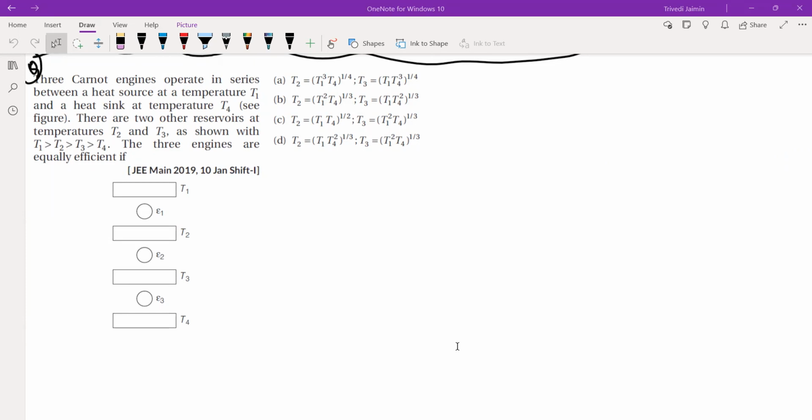Engines are equally efficient. That means efficiency 1 equals efficiency 2 equals efficiency 3. Simple. Question is done. Find the three efficiencies and equate them.